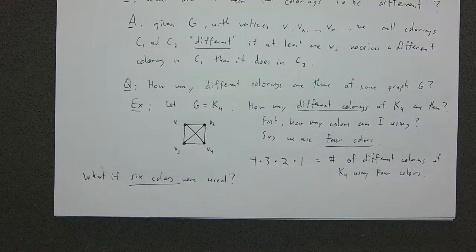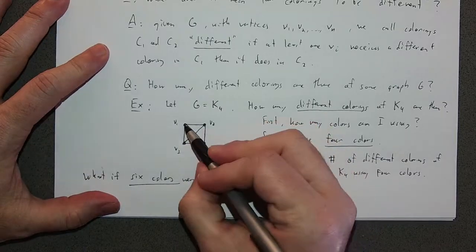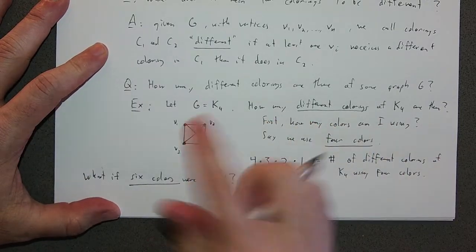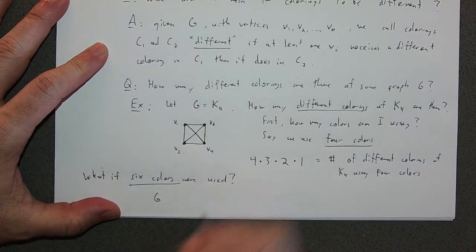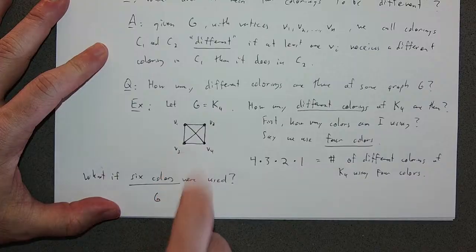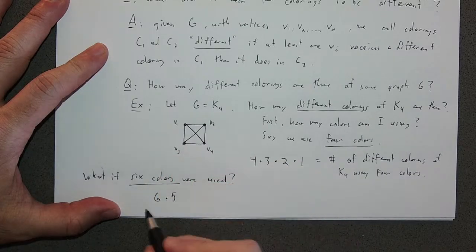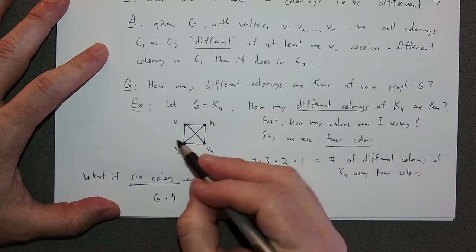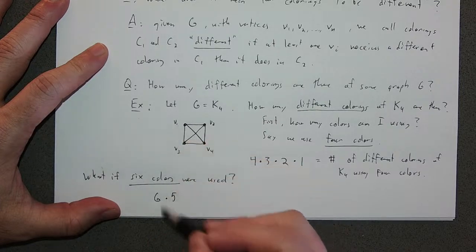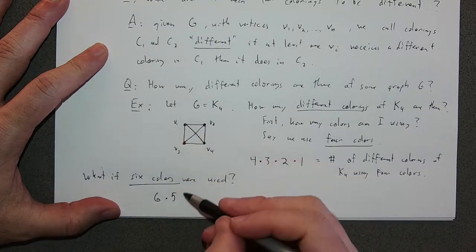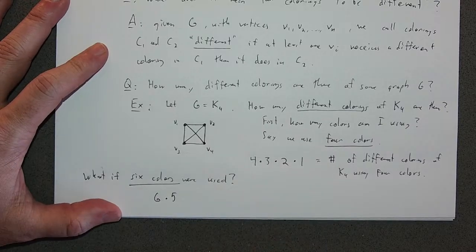Well, let's use the same way of counting. My first vertex, I have 6 choices now. My next vertex, I have 5 choices, any of the choices I didn't make in the first one. So in the first one I picked something. I have the remaining 5 colors.